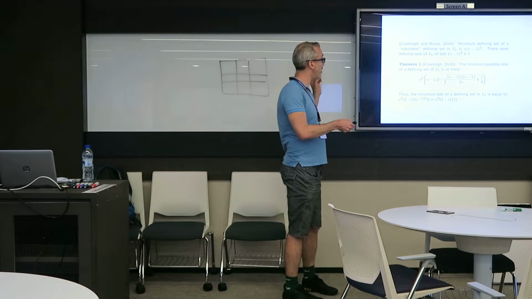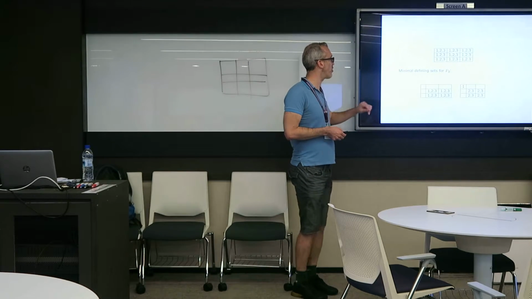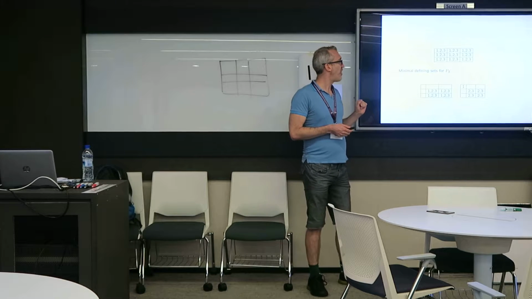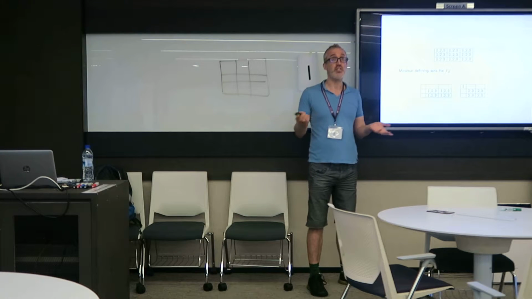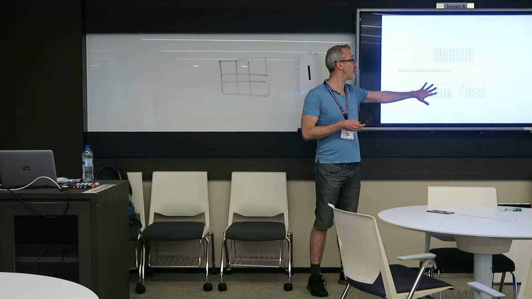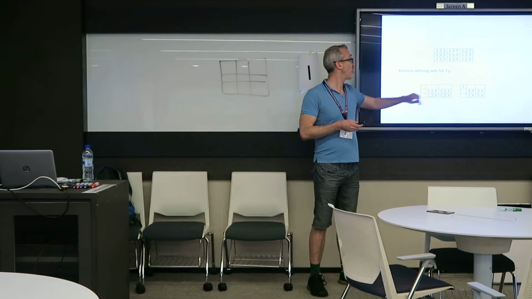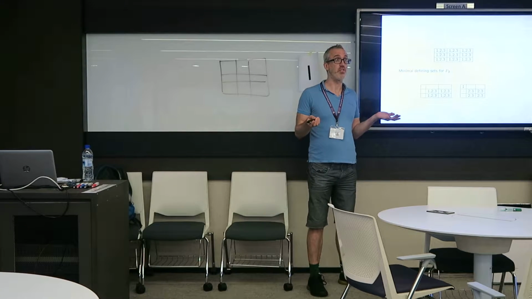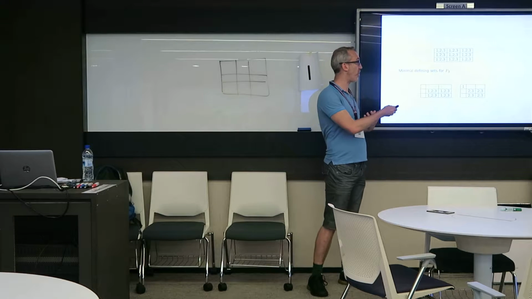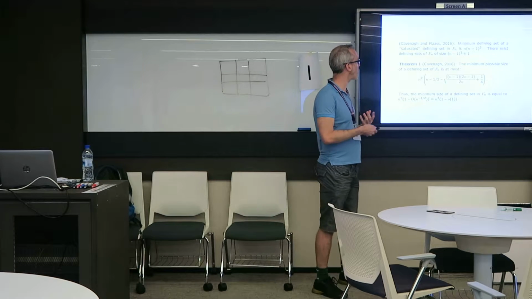So the problem really is, what's the smallest you can make such a defining set? And the answer throughout this talk is that any defining set you have, asymptotically, you really have to take almost all of the square. So that's the result we'll have in a few different guises in this talk.